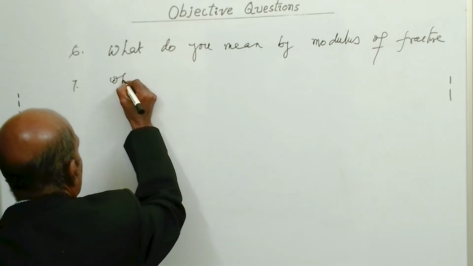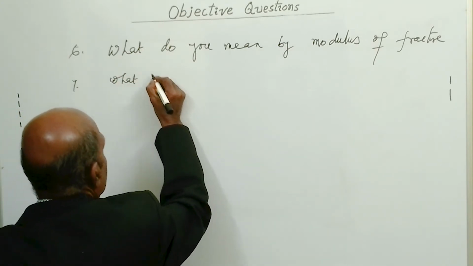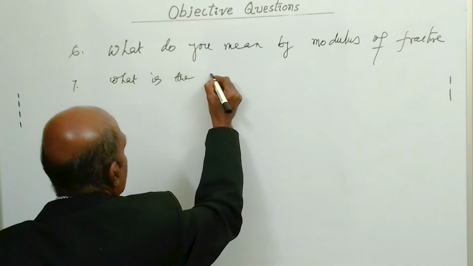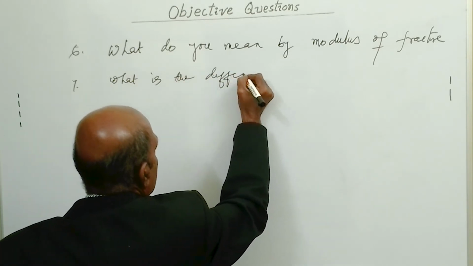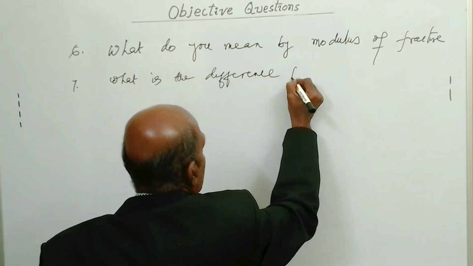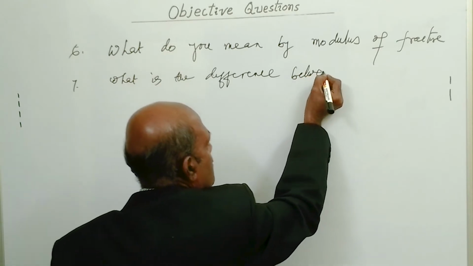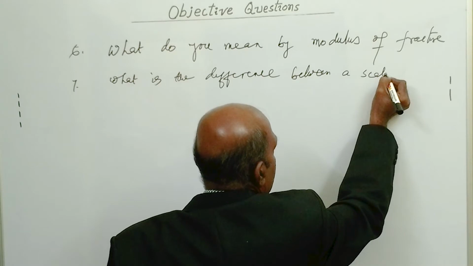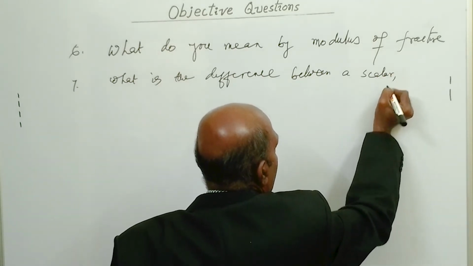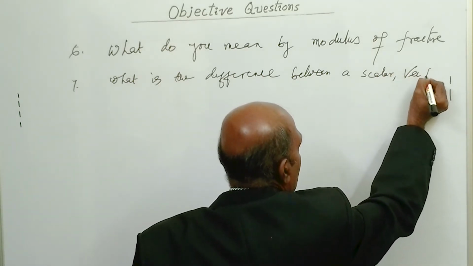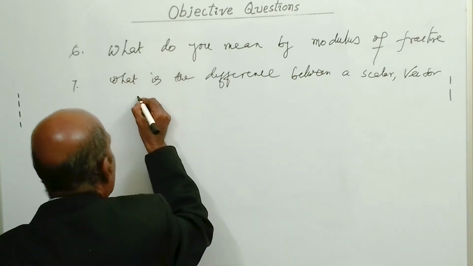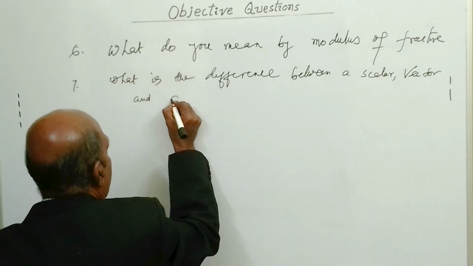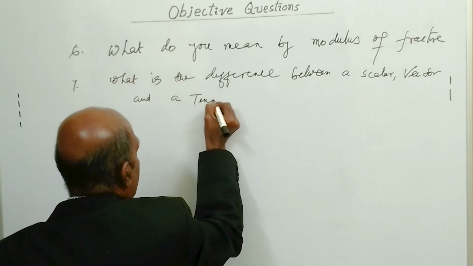What is the difference between a scalar, vector and a tensor quantity?